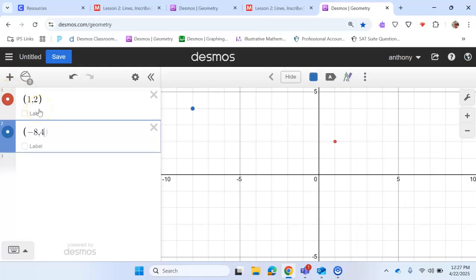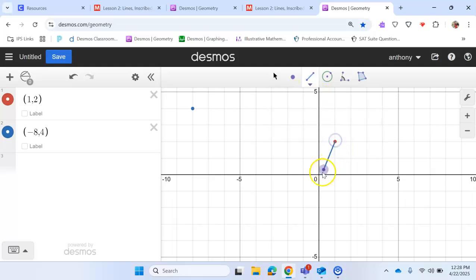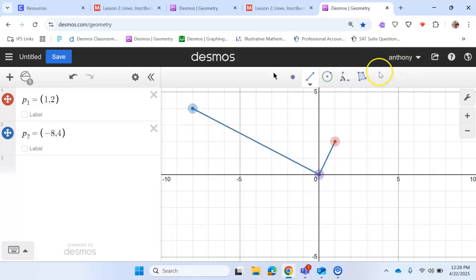All right. If you connect these with segments to the origin, you should be able to see that it's perpendicular.